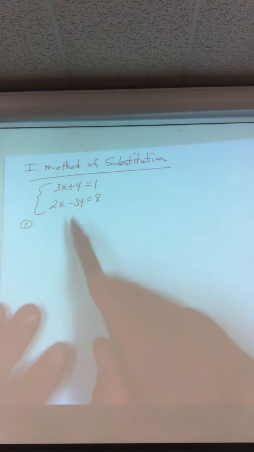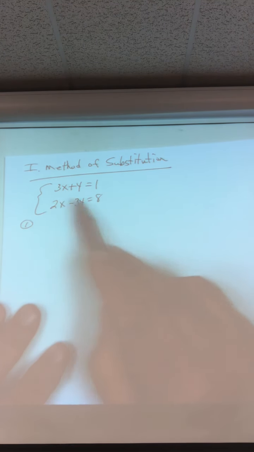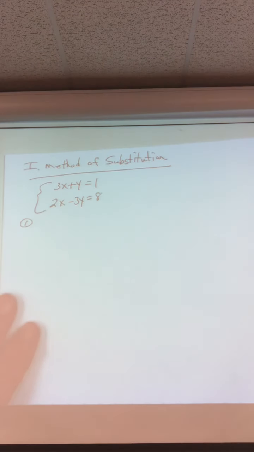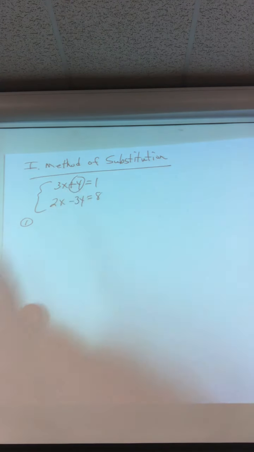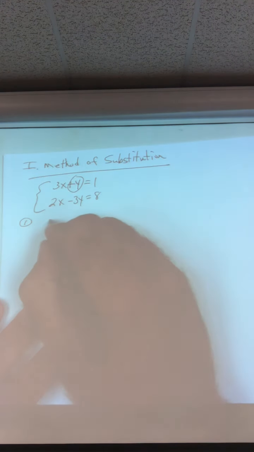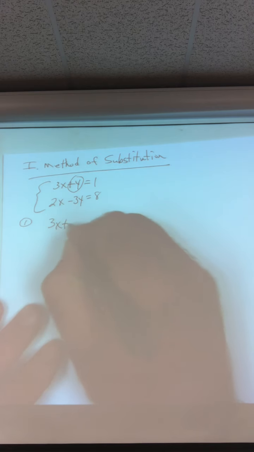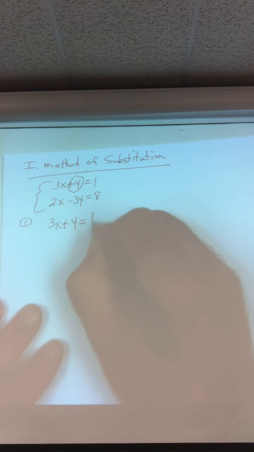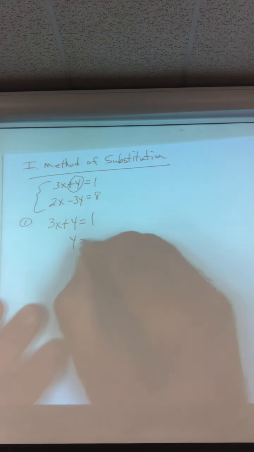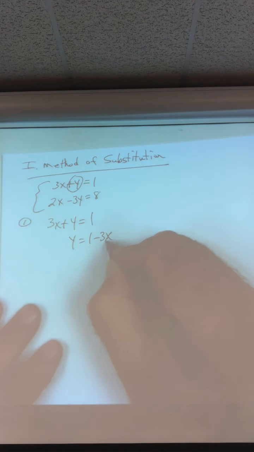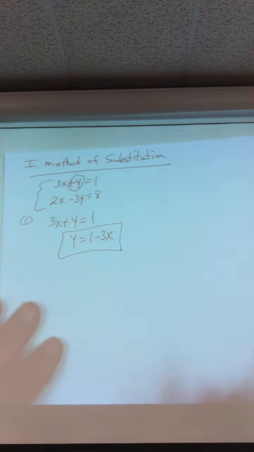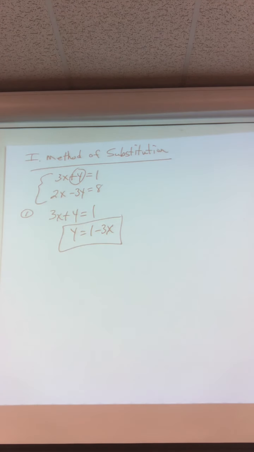I want to solve for either x or y in either one of these. Well, the easiest to solve for would be y. And the reason is there's no number in front of that y. So let's take the top equation and get the y by itself. And when you do, you're done with step one.